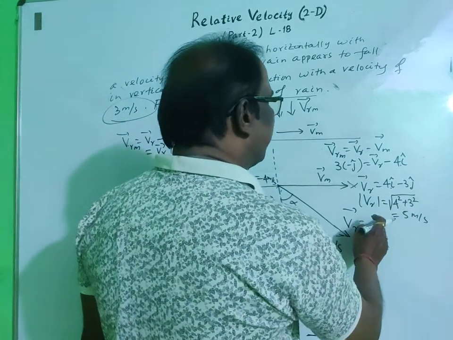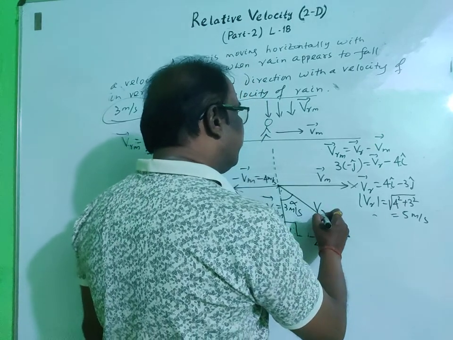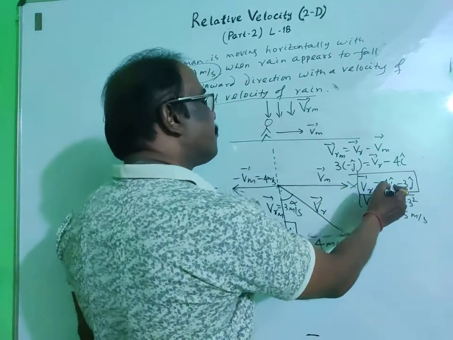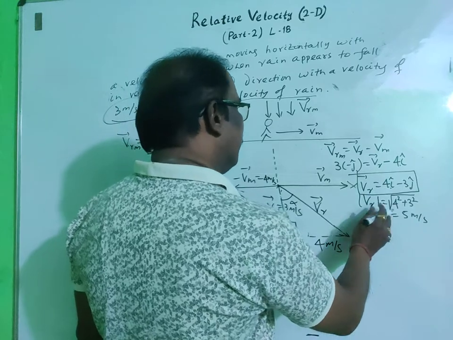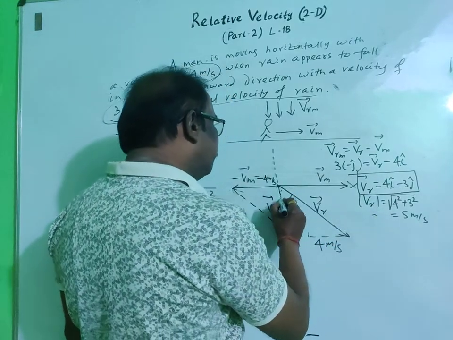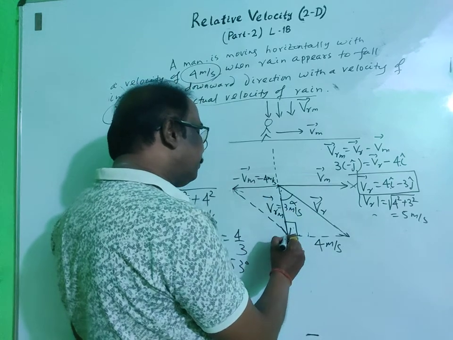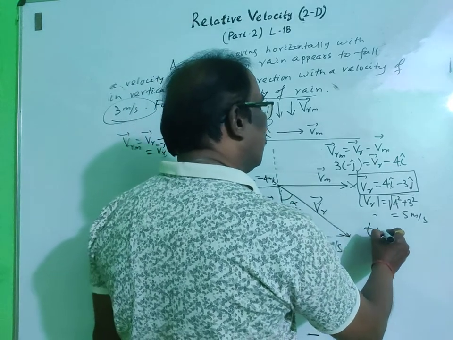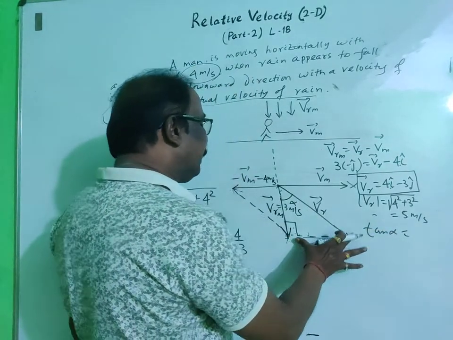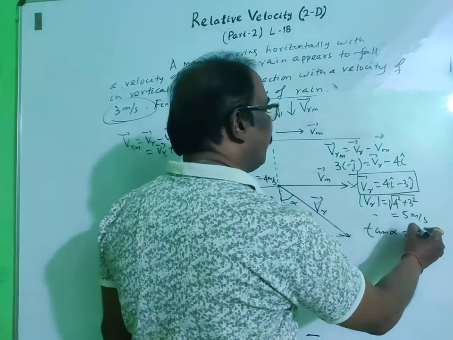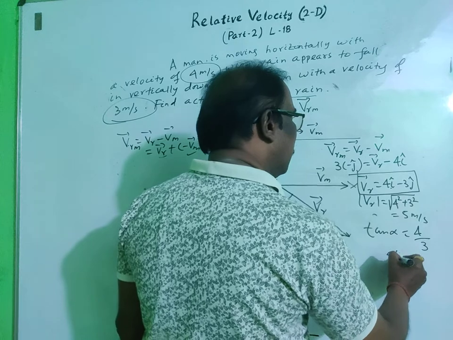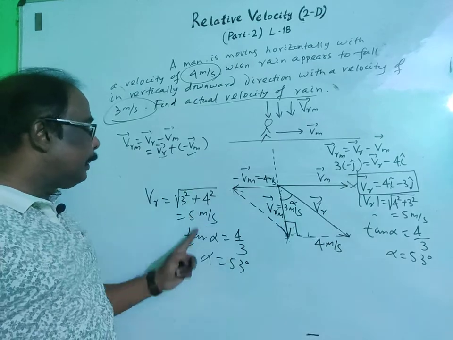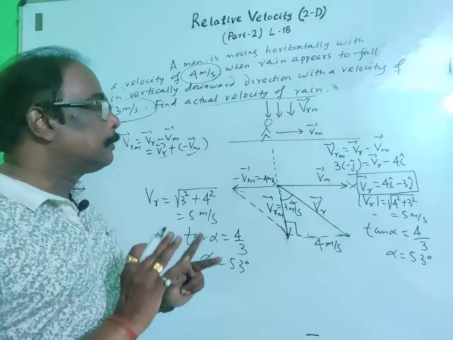Okay, and about direction, if you got vector form of Vr, this is i cap, this is j cap, this is direction of j cap, negative y-axis, and this is direction of i cap, then this angle is alpha, then tan alpha is equal to perpendicular upon base, means 4 divided by 3, again alpha is 53. Clear? In this method or in this method, whatever method you feel easier, do this.